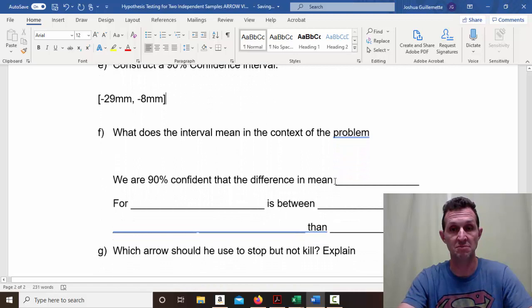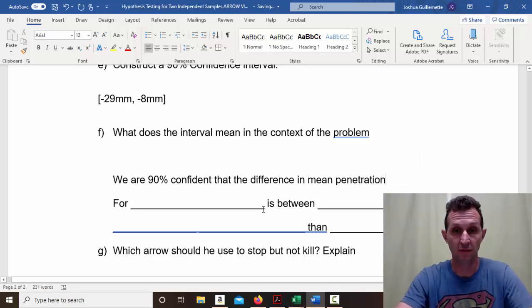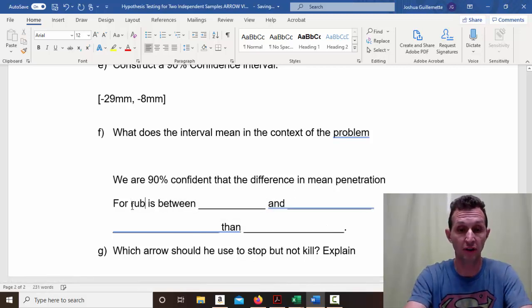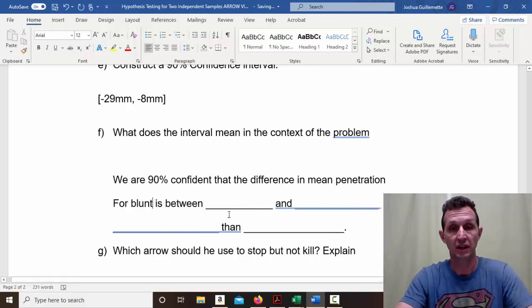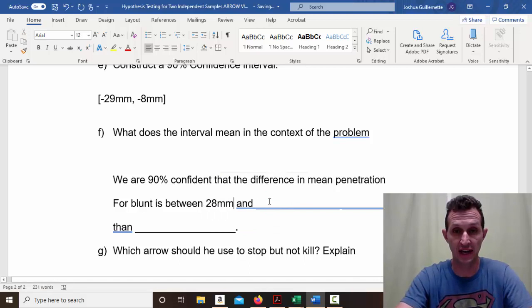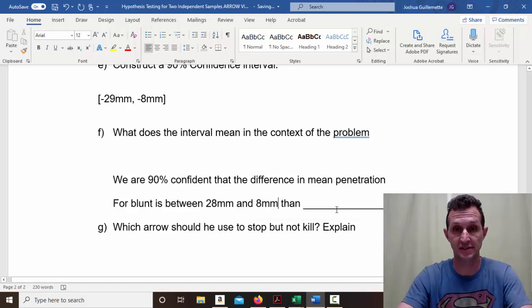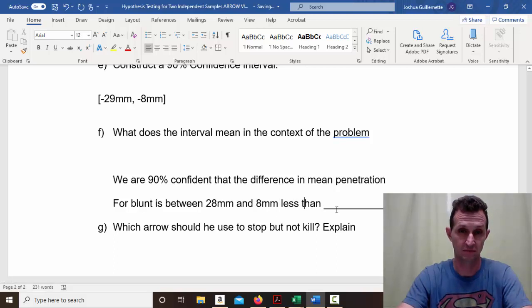We are 90% confident that the difference in mean penetration for the blunt tip is between 28 millimeters and 8 millimeters less, because it's negative, than the rubber.